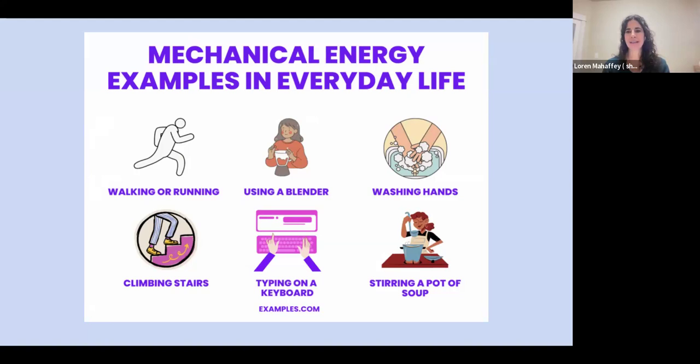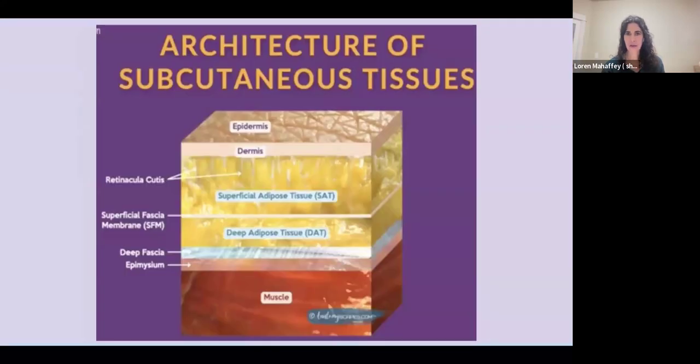The way that we have that capability is that we have converted chemical energy into mechanical energy and also thermal energy. It is this mechanical energy that generates skeletal muscle contraction, which contributes to about 85% of our body's heat.